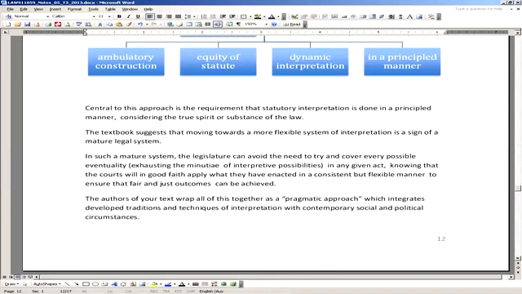Obviously, as we were saying before, I think this is an academic process of trying to look at things in a different way, to identify what a judge is actually doing and how we do it in a practical sense, and what are some of the things they might be using. I don't think you're going to read a judgment and find a judge saying, I used an ambulatory construction, I used a dynamic interpretation.